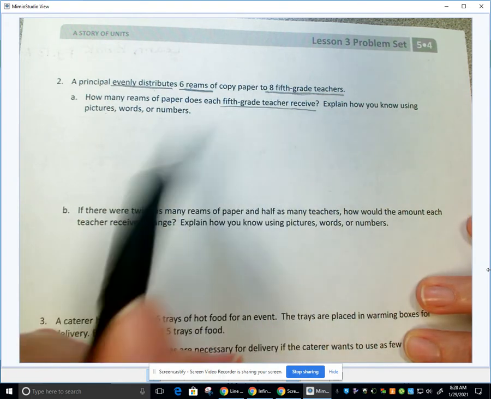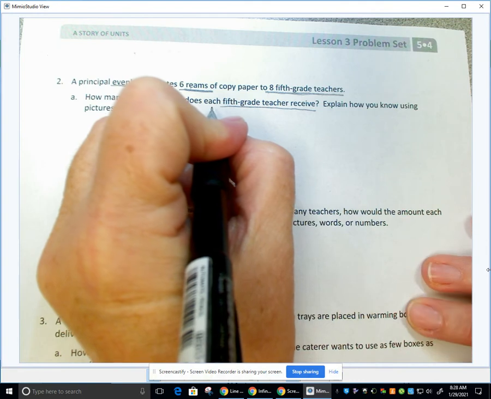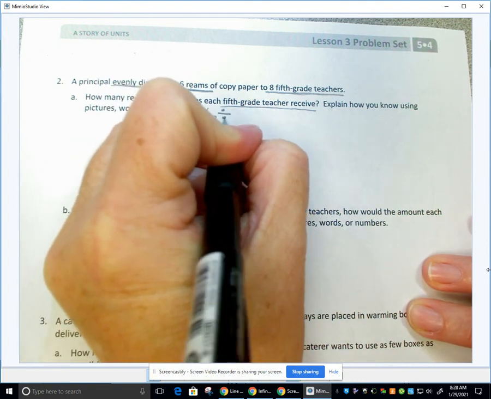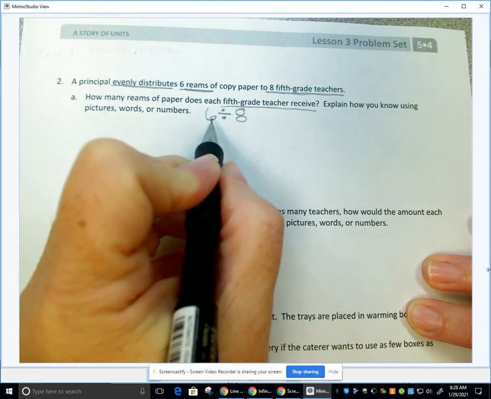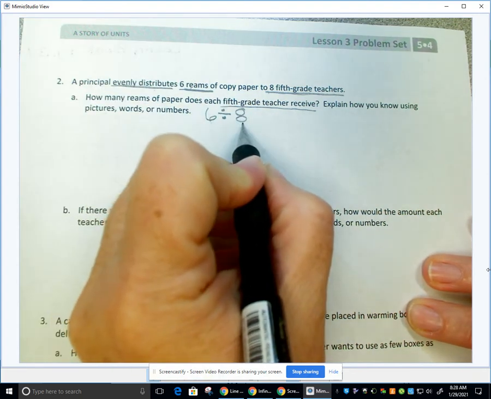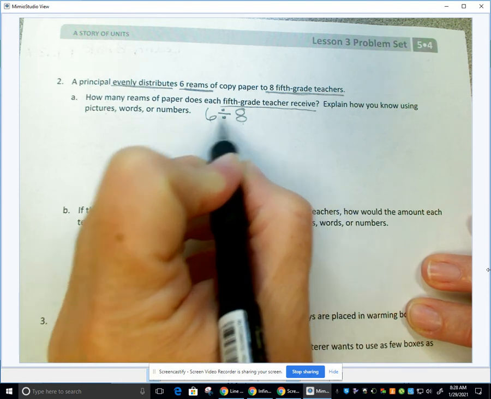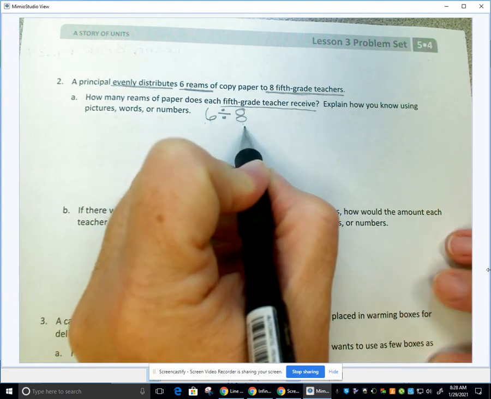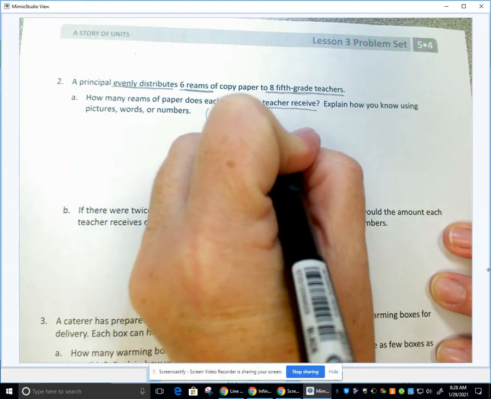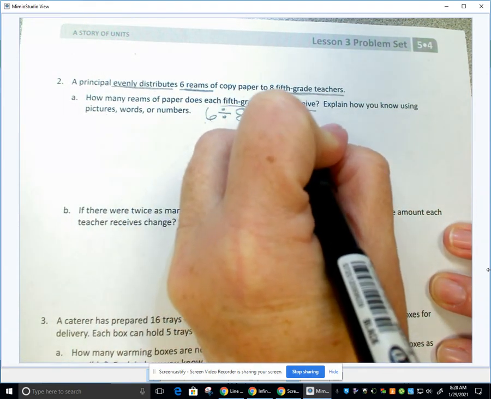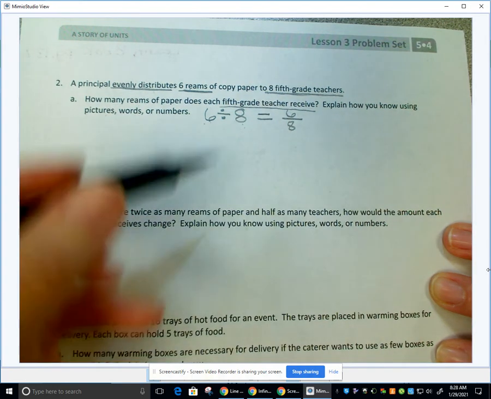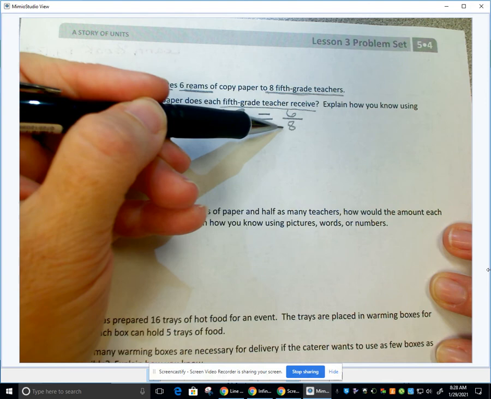So what we're dividing will be written first. 6 divided by 8. That's 6 reams of paper divided by 8 teachers. Now, we know that also as a fraction would equal 6/8, right? Because this means 6 divided by 8.